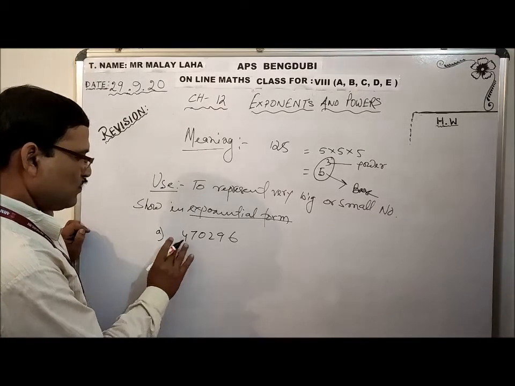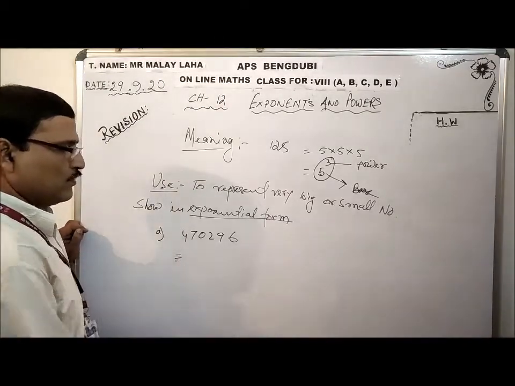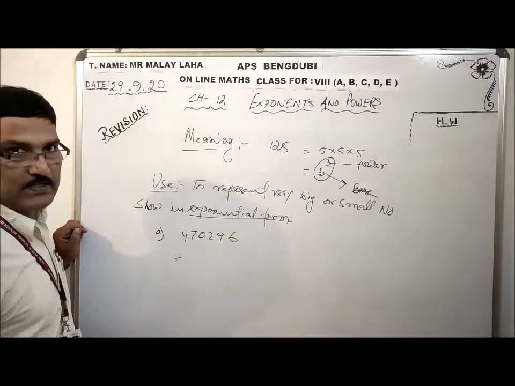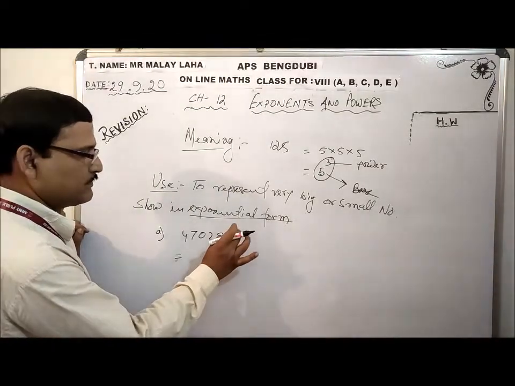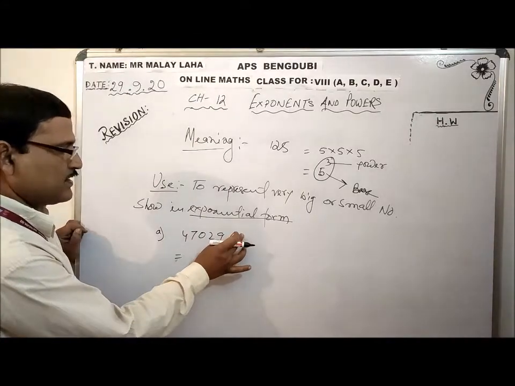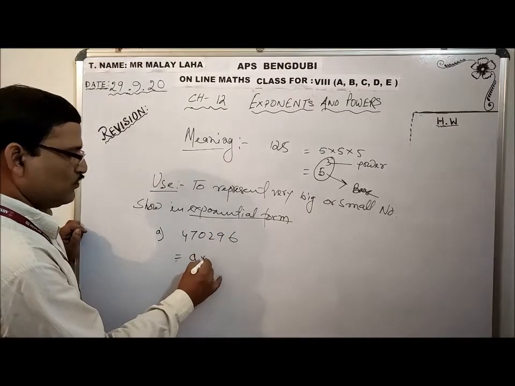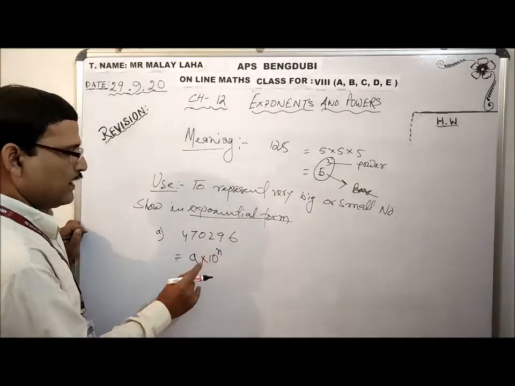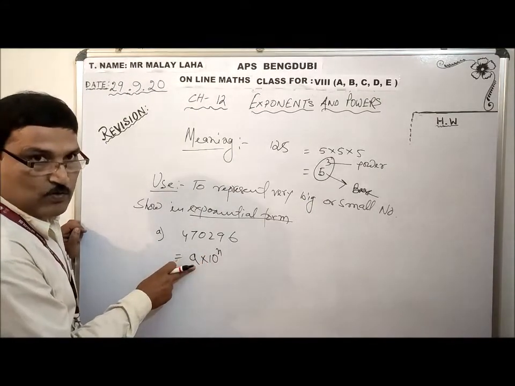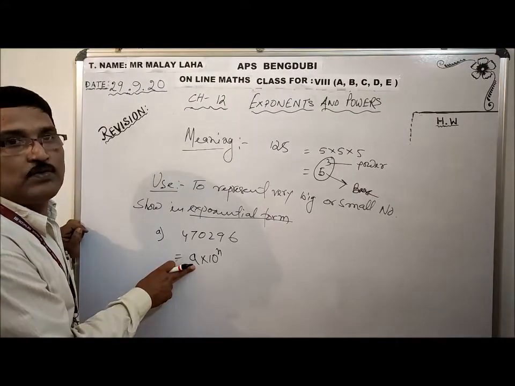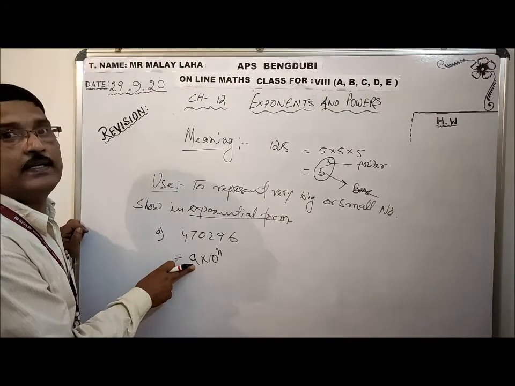You have to imagine where the decimal point is, at the end. When the decimal part is not there, you have to imagine the decimal is here. From here, we have to show it in the form of a into 10 to the power n. A should be greater than or equal to 1 but less than 10.